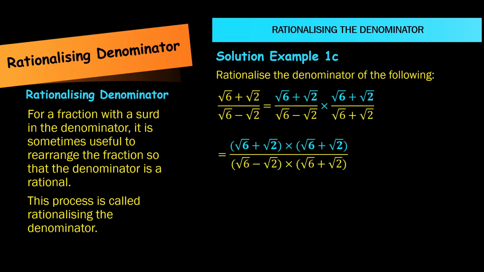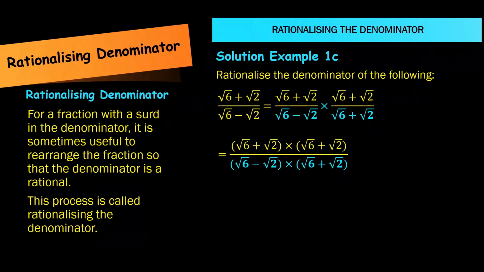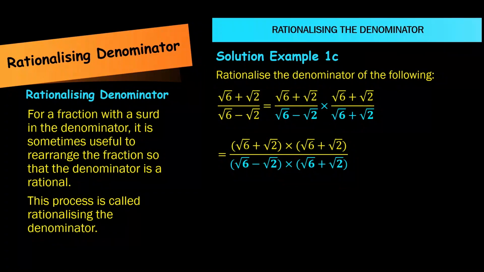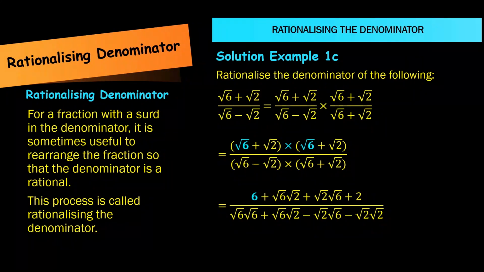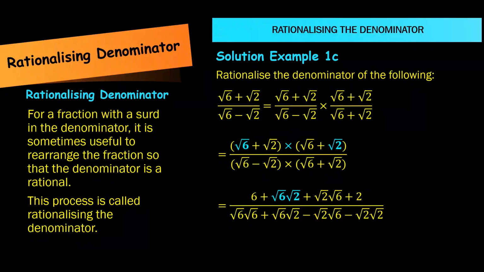So in the numerator we have root 6 plus root 2 times root 6 plus root 2, and in the denominator we have root 6 minus root 2 times root 6 plus root 2. So in the numerator, when we multiply out, we have 6 plus root 6 root 2 plus root 2 root 6 plus 2.